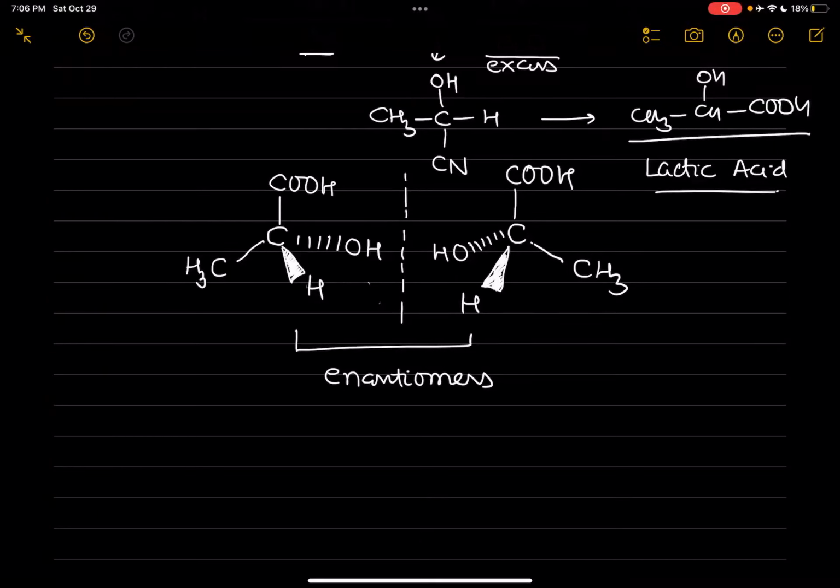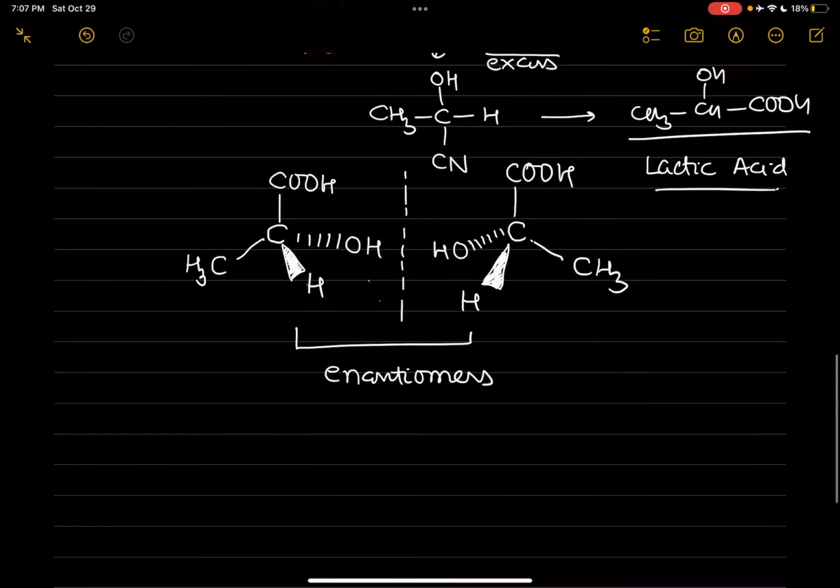Enantiomers are compounds which do not superimpose on their mirror image isomer. Non-superimposable mirror image isomers. Yeah, exactly. Is it clear?